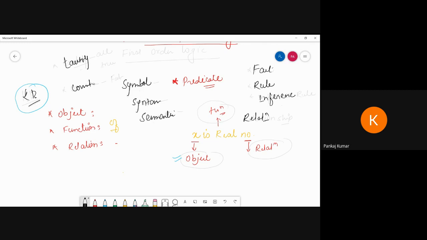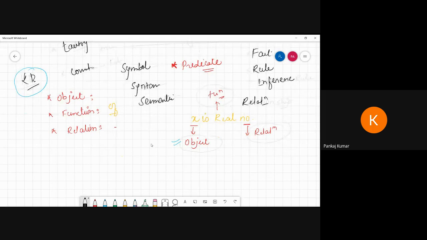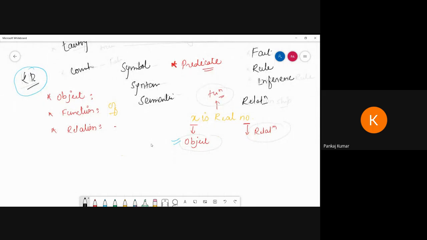Okay, so what is the syntax? If someone asks you what is the syntax, don't be confused. Syntax is a collection of symbols in a logical expression. That is a syntax.